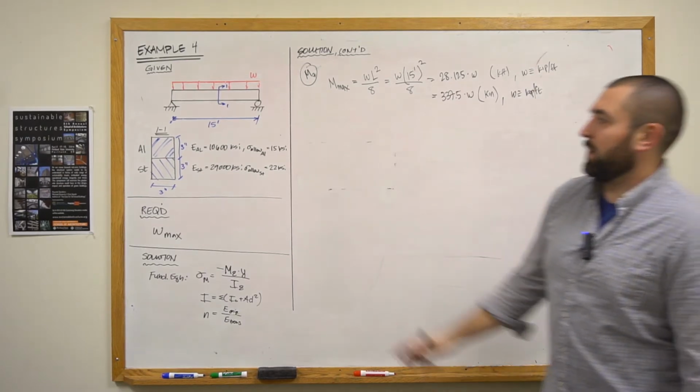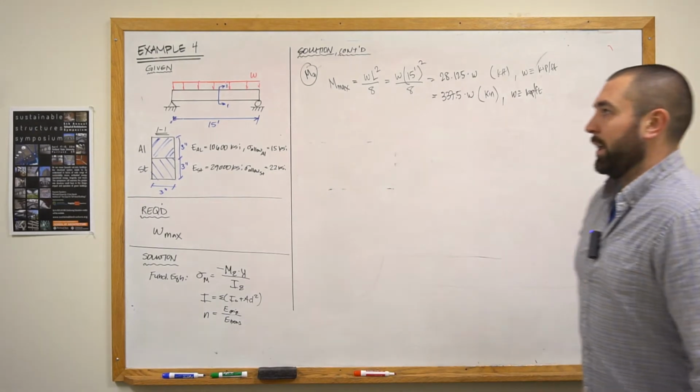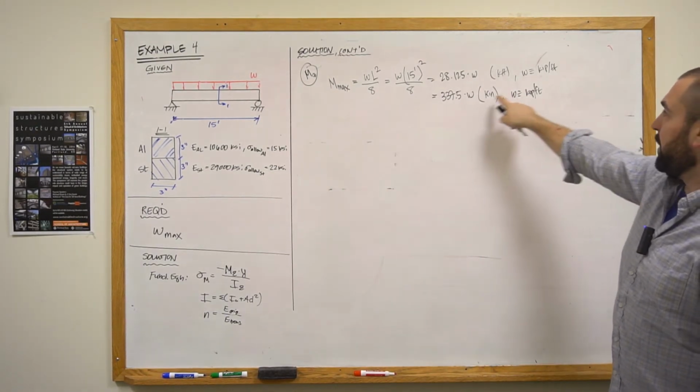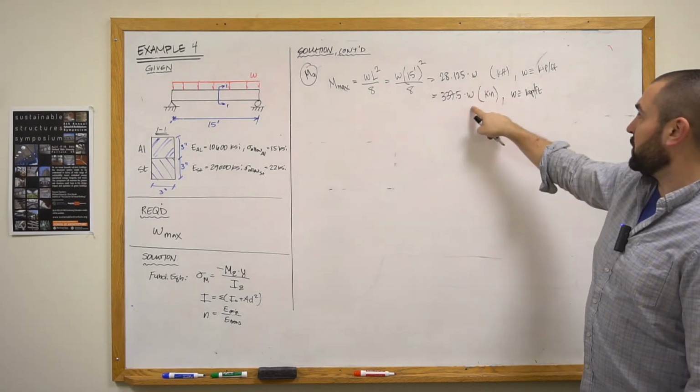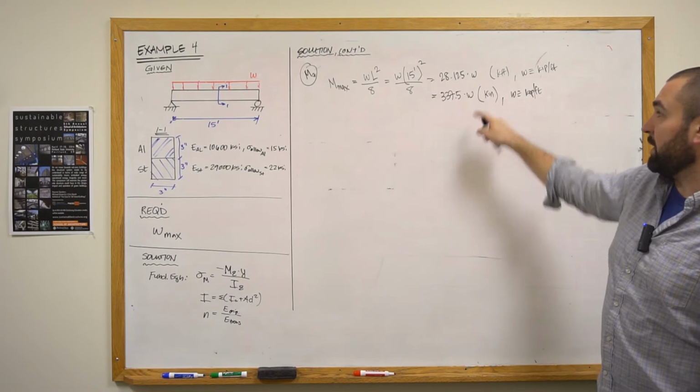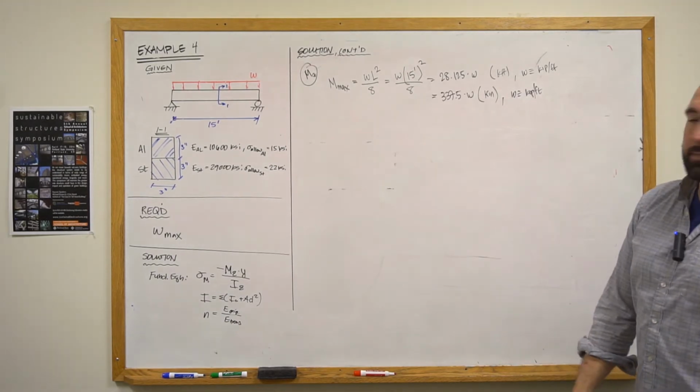And that makes sense because we're already given the length here in feet. I think it would make sense to give the allowable load in terms of kips per foot. But all that we did is a unit conversion to get the moment due to a distributed load like this into kips and inches.